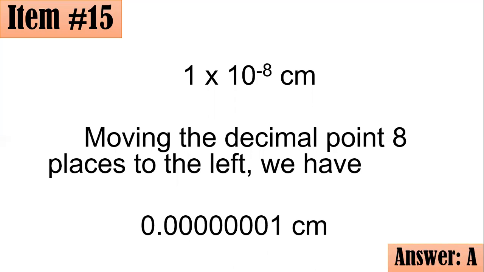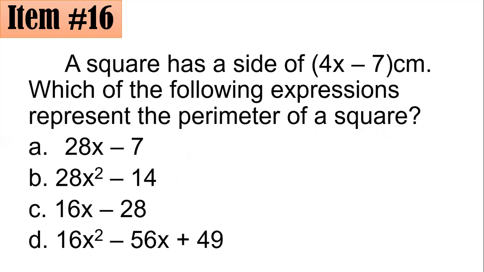Okay. Now, a square has a side of 4x minus 7 cm. Which of the following expressions represent the perimeter of a square? Which one do you think? And when we say perimeter, it is the distance around a polygon.